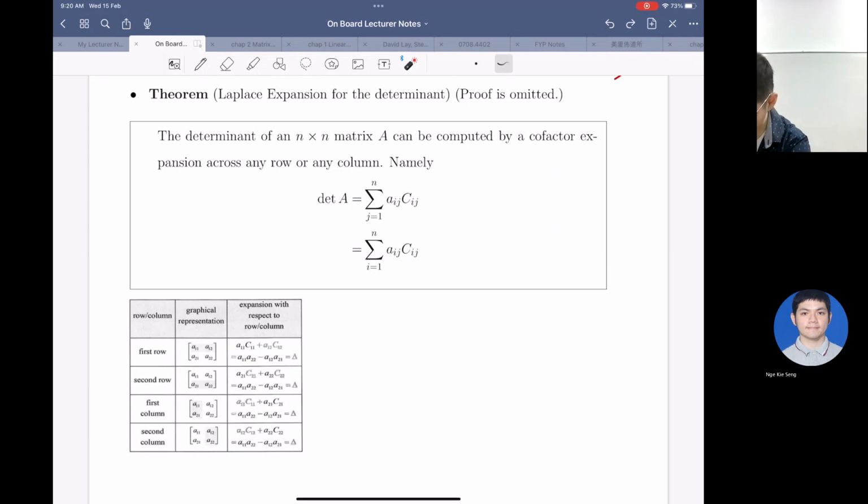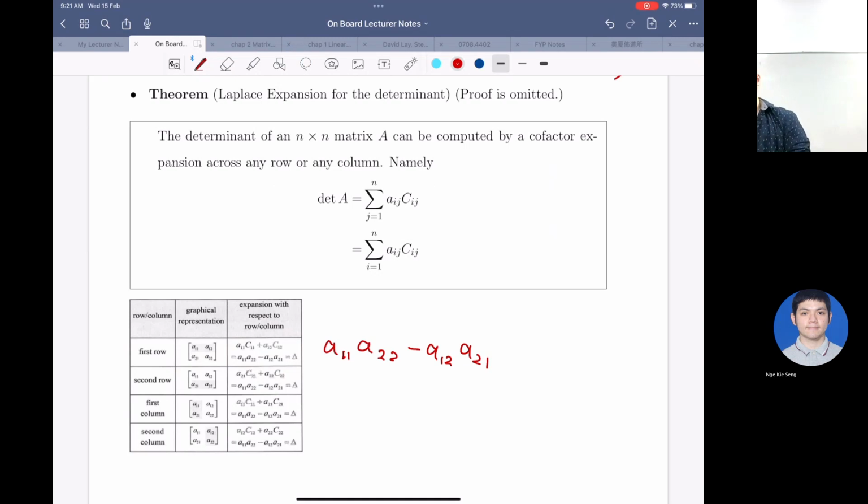For example, in the 2 by 2 case, you can do it across the first row, and what you get is this formula here, which is the same as AD minus BC. However you expand it, it is the same as AD minus BC. So in this case, it's A11 times A22 minus A12 times A21.